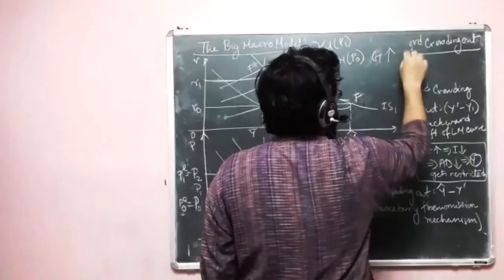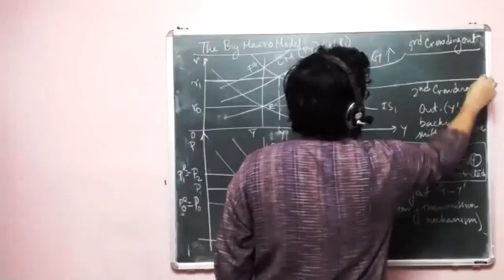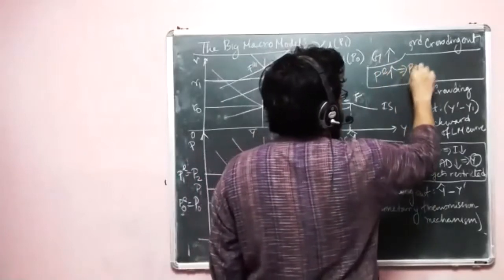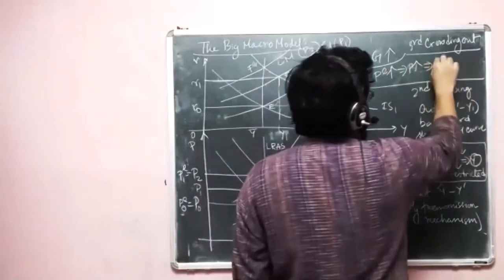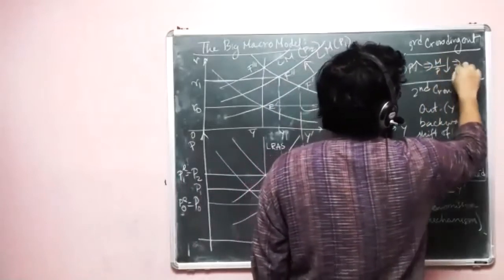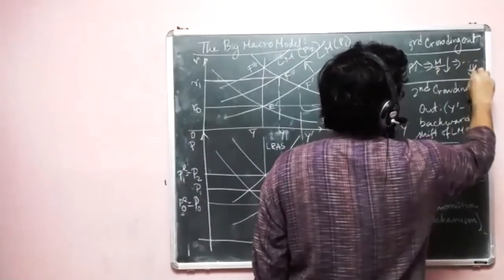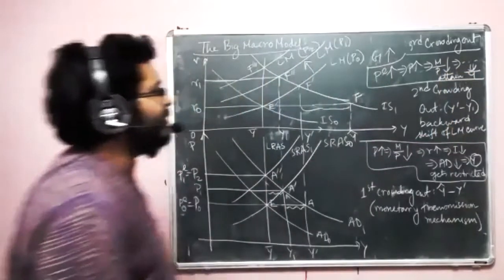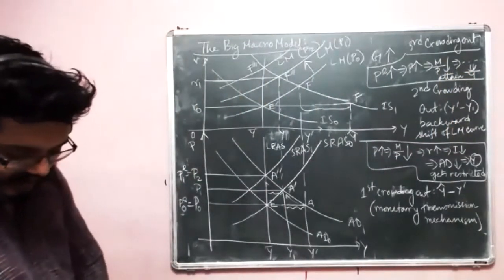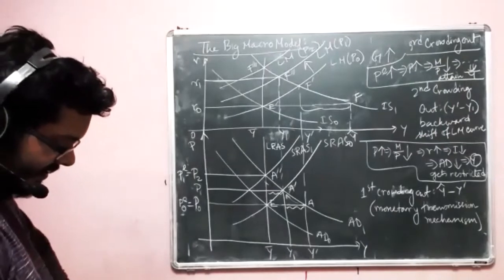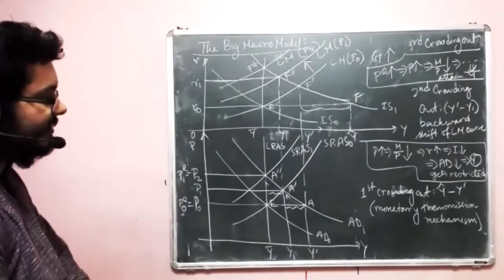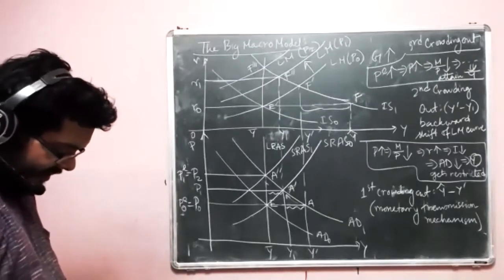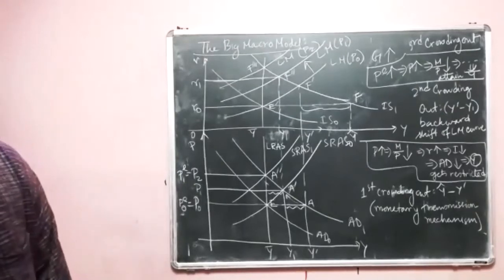The third crowding out starts with PE, expected price increases, which increases the actual price, and then the same chain starts working and ends up at Y bar. So this is the structure of the full crowding out, which is divided into 3 stages. And if we go by the joint dealing of ISLM and ADAS model, we realize it in a far better way.